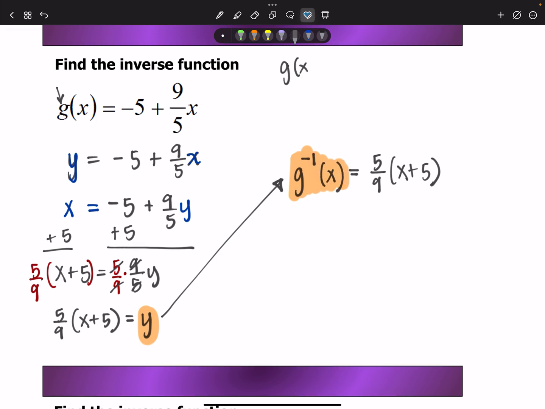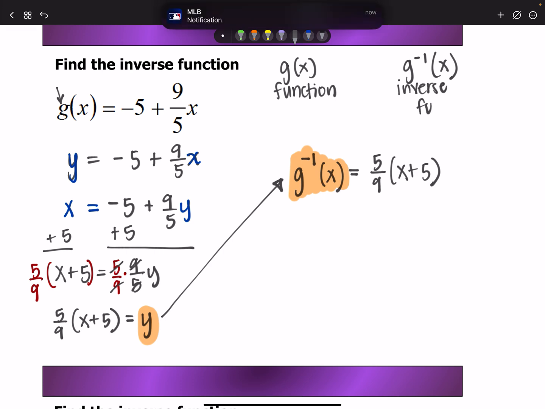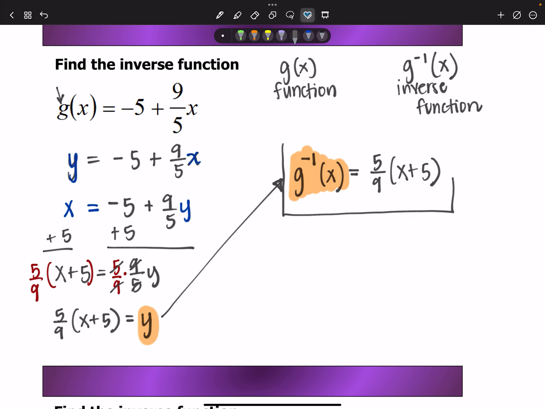G of x is the function. G inverse of x, that's how we say that, g inverse of x is the inverse function. And that would be our final answer.